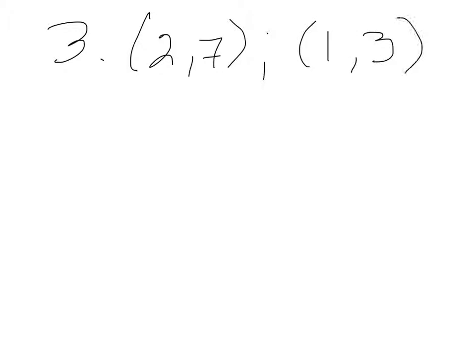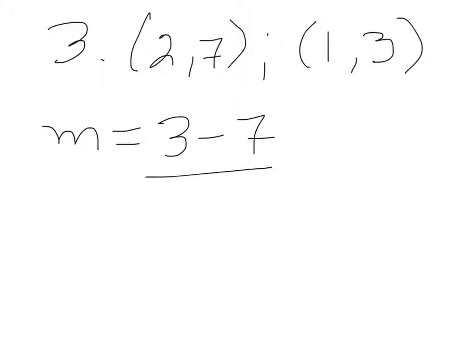Okay, and now we're going to do the last checkpoint. I've got a point at 2, 7, and a point at 1, 3. Our slope is going to be equal to y sub 2 minus y sub 1, so that's 3 minus 7, over x sub 2 minus x sub 1, so that's 1 minus 2. 3 minus 7 is a negative 4. 1 minus 2 is a negative 1.